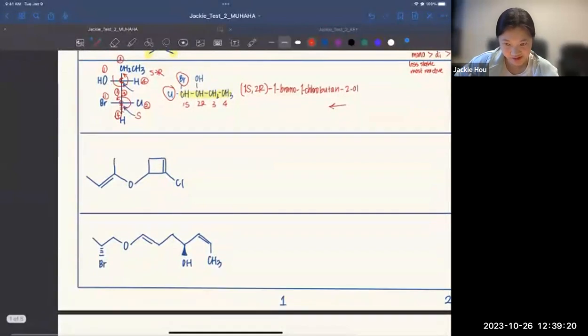Moving on, let's tackle this monstrosity. So when we're given something that's cyclic and something that's an aliphatic carbon chain, meaning that there's no ring structures, right?